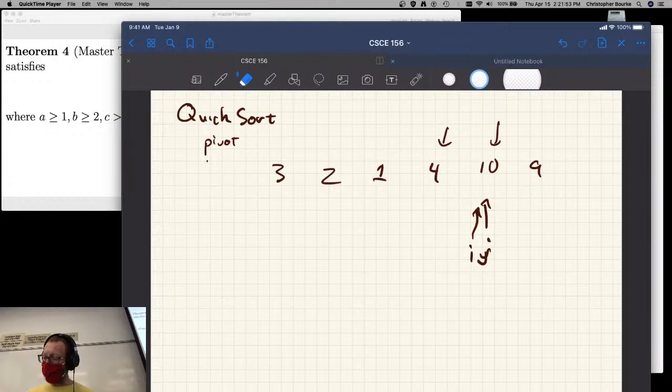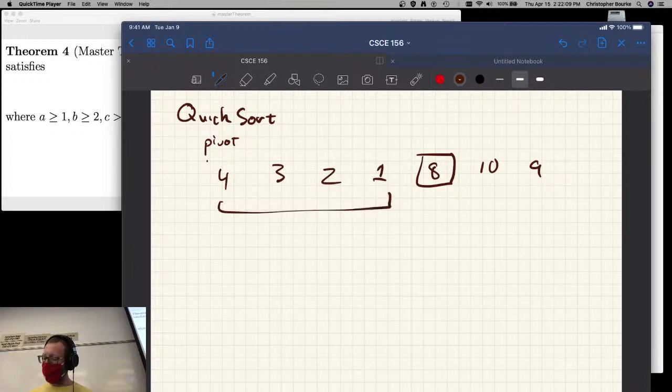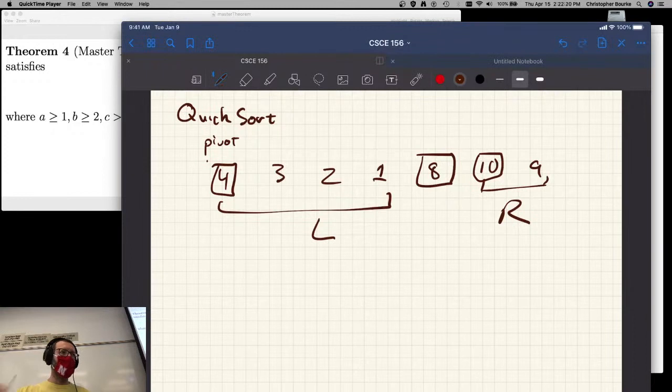And so we end up with 4, and what was there, 8? There. In either case, 8 is where it needs to be, right? And we've got a left part and a right part on which we recurse. You do the same thing with the left part and the right part. This ends up becoming your new pivot in that recursion.